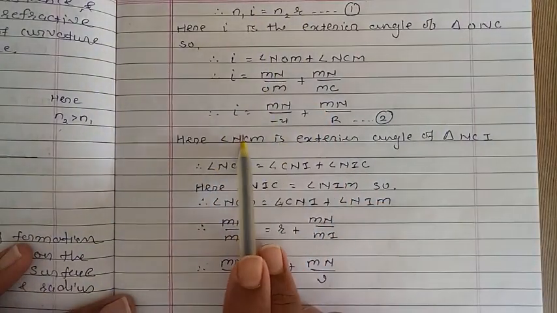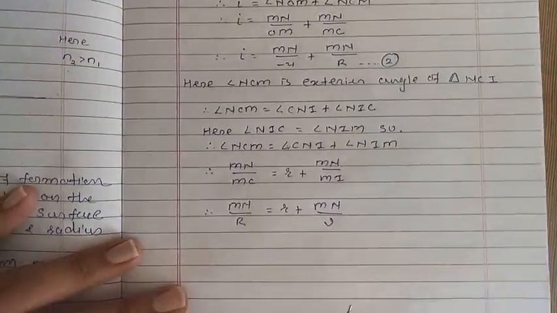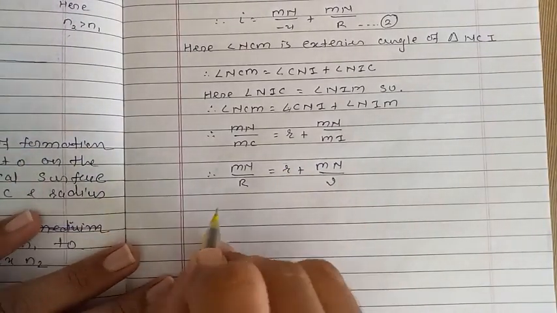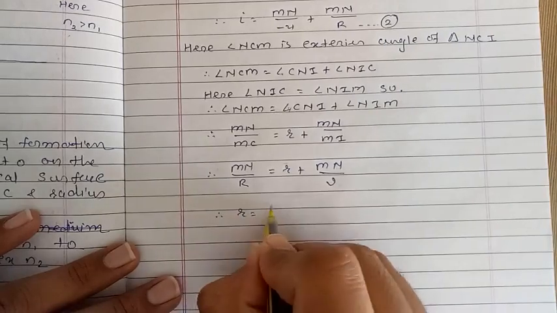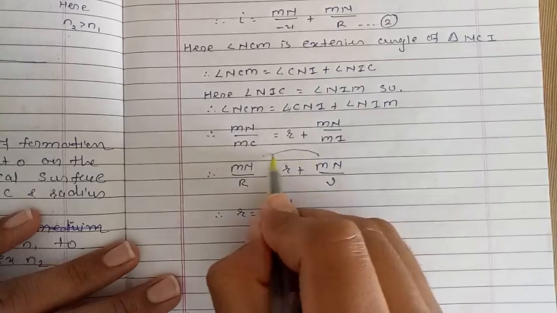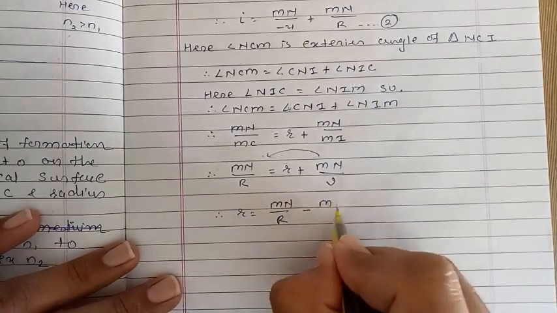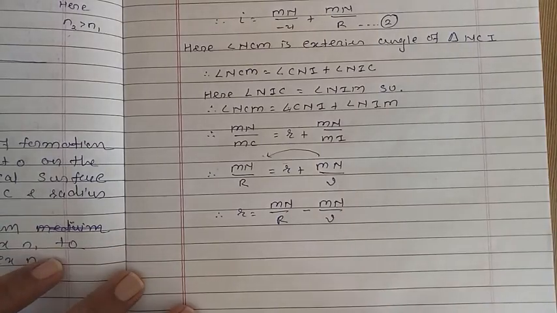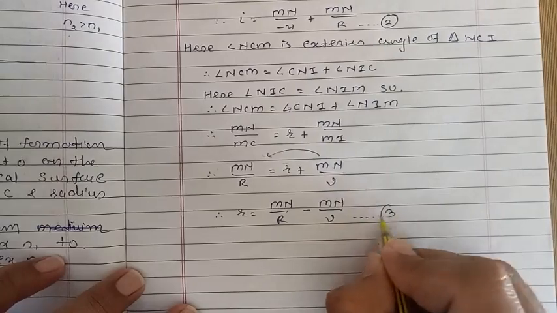Now friends, we have to find out the value of I and R. We have already found the value of I. Now we have to find out the value of R. So we formulate R. We can write that R is equal to MN upon R, and this goes to the left hand side, so minus MN upon V. So this is our equation number 3.